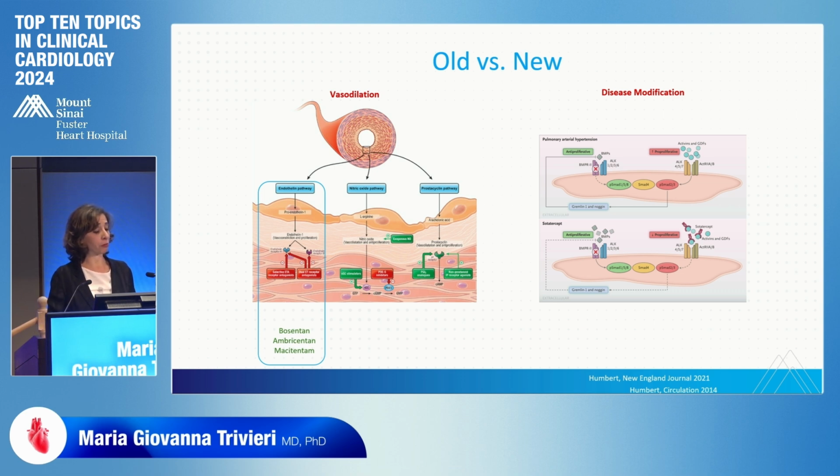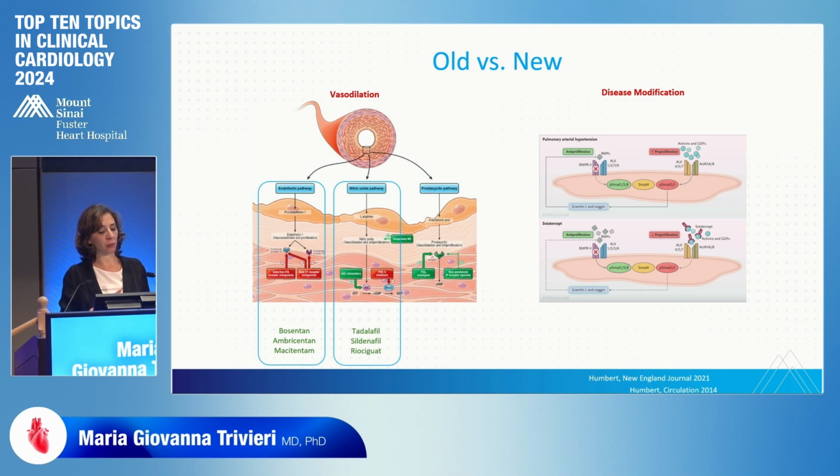Bosentan is falling out of favor because it's a medication that you need to take twice a day, and it does require liver monitoring of liver enzymes, which is not the case for ambrisentan and macitentan. Then we have the nitric oxide pathway that we target, again the main mechanism of action being vasodilation. But we know that they also have other actions on the vasculature, but primarily vasodilation. This category includes tadalafil, sildenafil, and riociguat.